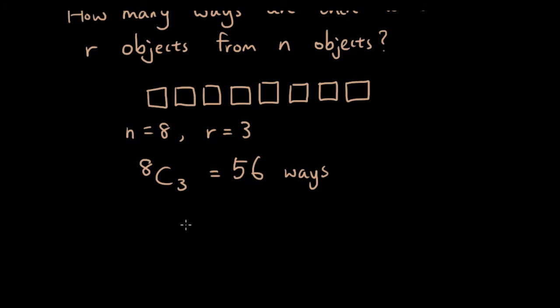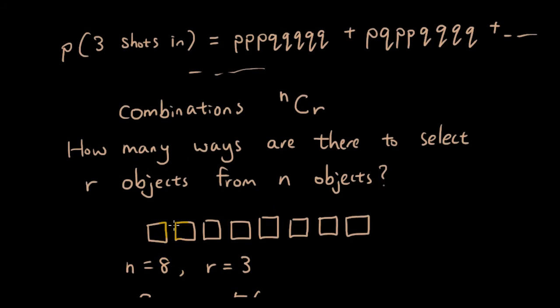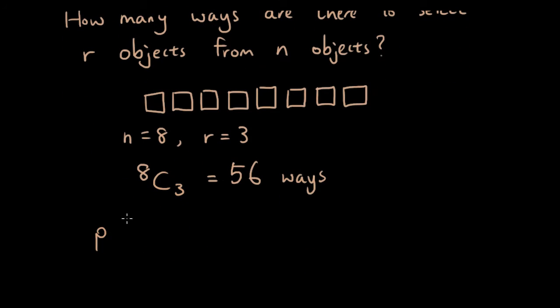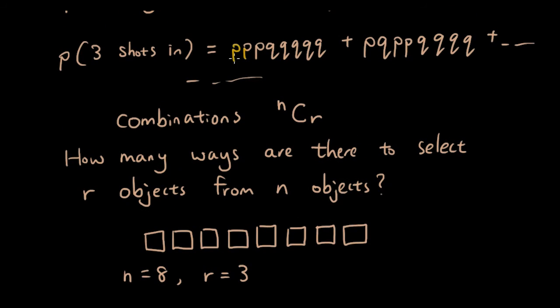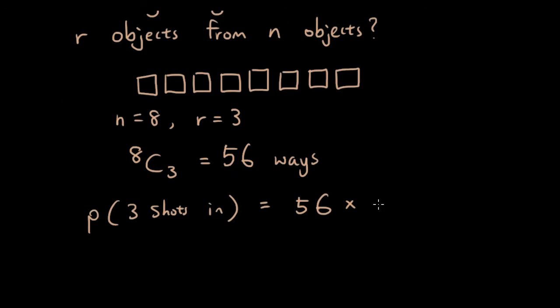So the probability of 3 shots in is going to be 56 times. Now each of these has P to the power of 3 and Q to the power of 5. So it's just 56 times P to the power of 3, Q to the power of 5.